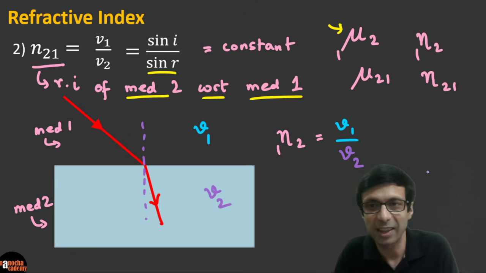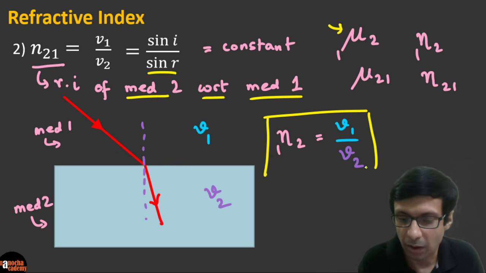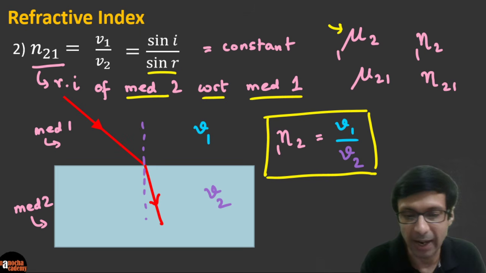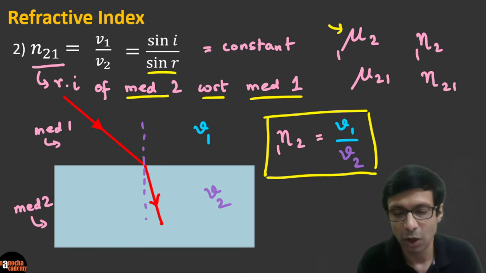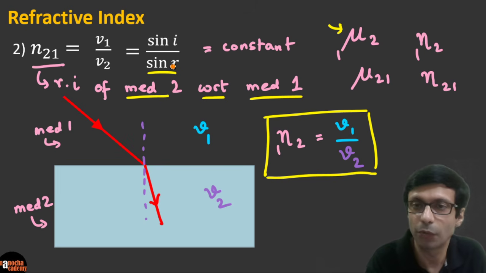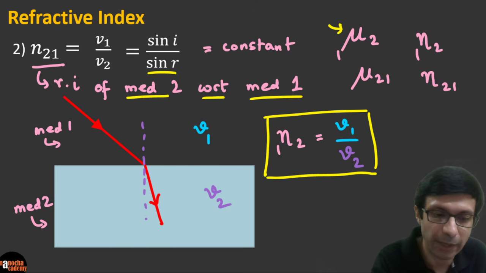So guys, please understand this part carefully: when you're looking at it in terms of velocity, we write v1 by v2, and that is also equal to sin i by sin r. So an easy way to remember it is, whether you take the ratio of the velocities or the ratio of the sine of the angles, it's always medium 1 with respect to medium 2.